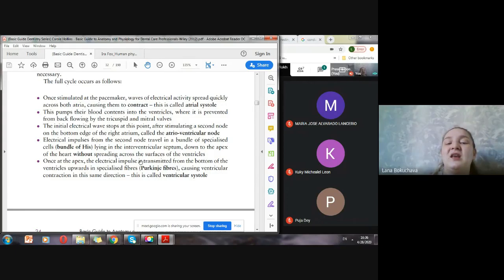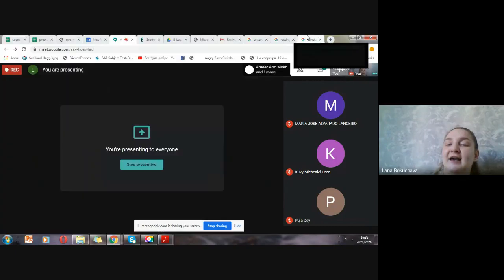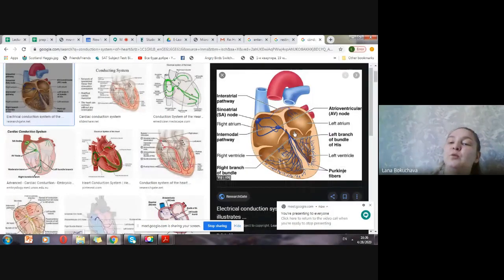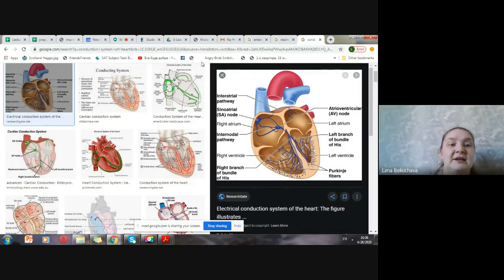And one important thing, just for you to know this terminology: when the LBB and RBB start to enter the walls of the ventricle, they give even more branches, and that's what we call the Purkinje fibers, which are also modified cells, as well as the sinoatrial node, AV node, or the bundles. And here we have a fast propagation of the electrical activity.